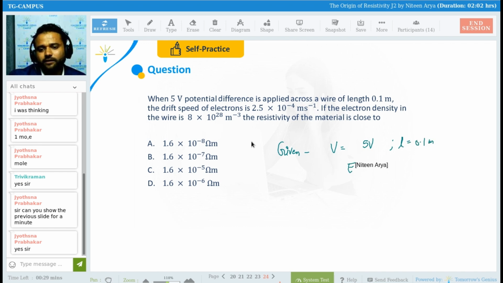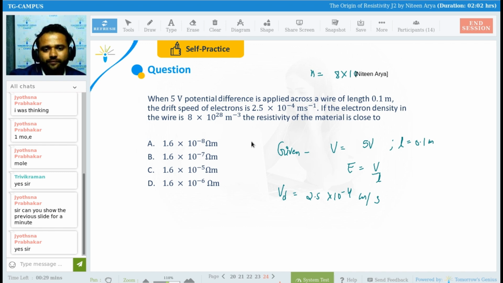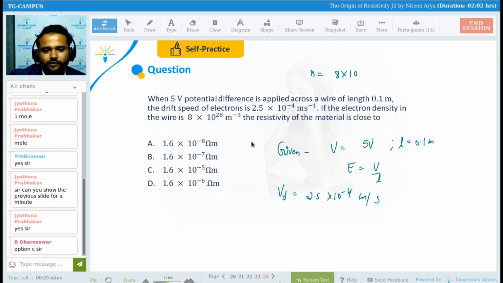From that we can find E, V by L, but don't find it in the first step. Then we have VD, which is 2.5 into 10 to the power minus 4 meter per second. Then we have the electron density, small n, the number of electrons per unit volume, 8 into 10 to the power, what? Option C, sir. Oh wow, nice, per meter cube.